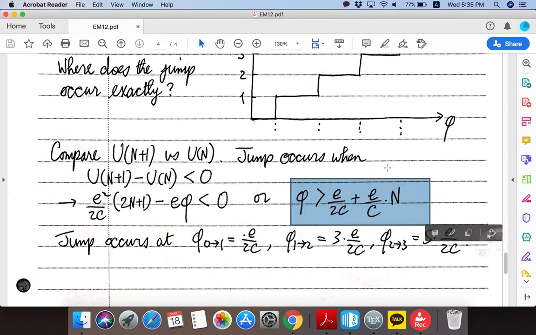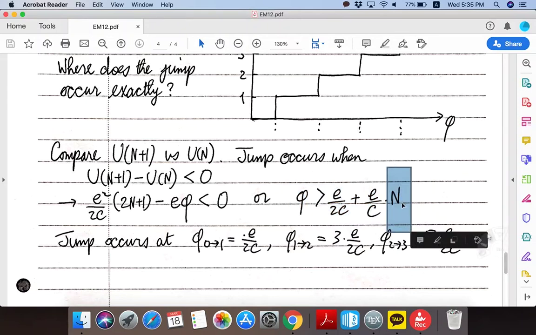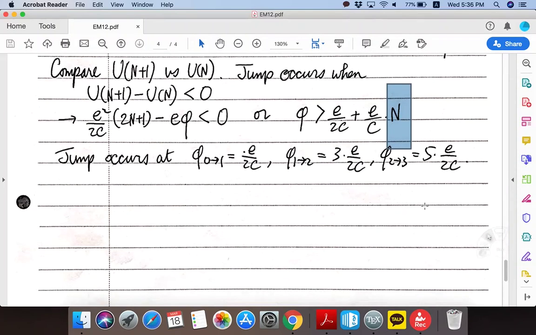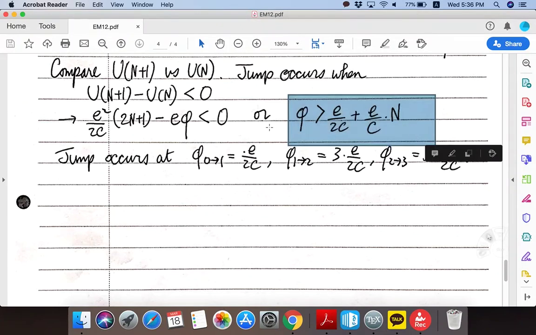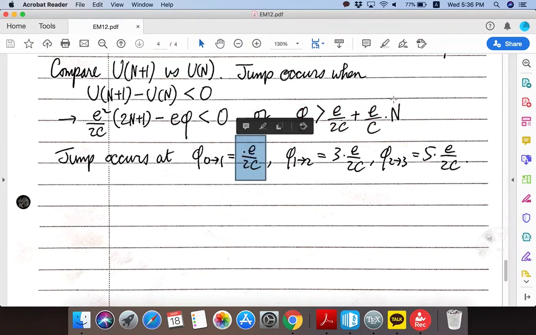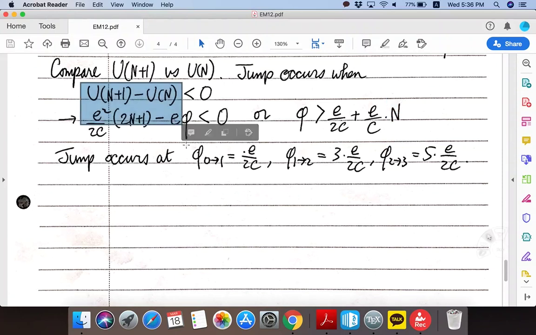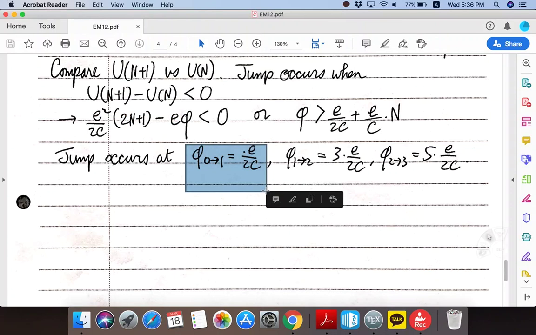Again, let me remind you that n can only be an integer, so n is either 0 or 1 or 2 or 3, and that literally gives us the answer we're looking for. What this inequality is telling us is that when phi, the potential, is equal to that, when n is 0, that's when u1 minus u0 becomes negative, and that's when a quantum dot with 0 electrons occupied gives way to a quantum dot with 1 electron occupied.